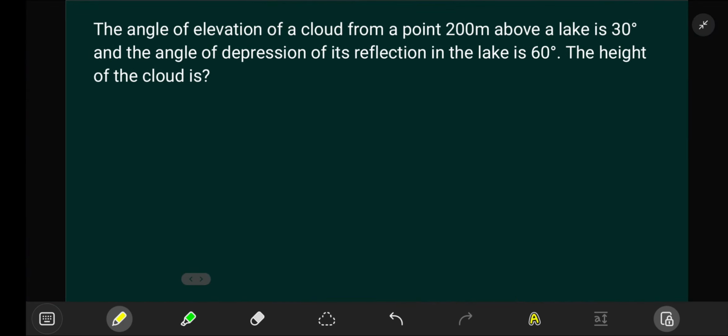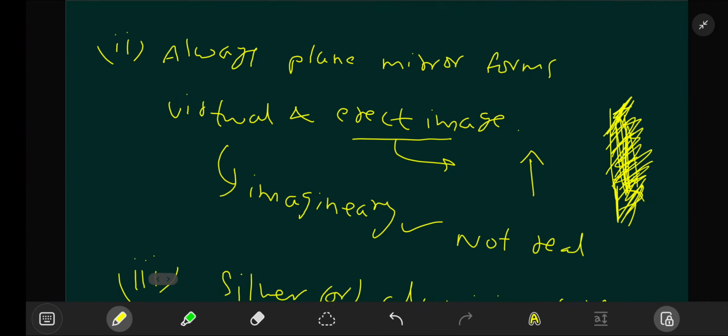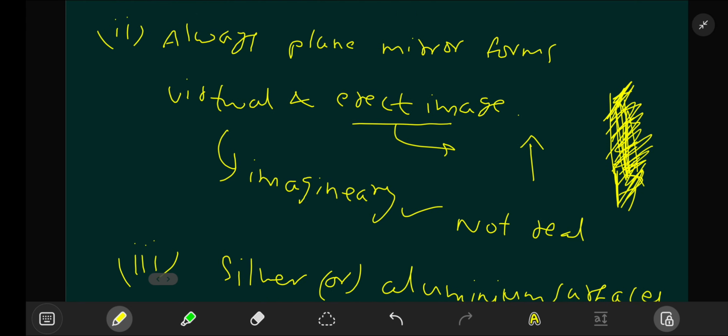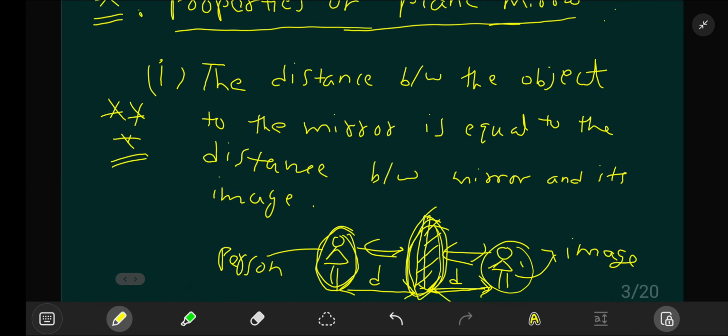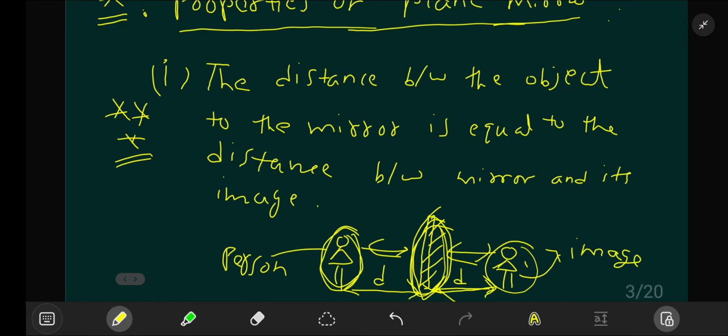Now let's come to our height and distance chapter. Here I said when an image is formed in the plane mirror, the distance between mirror and image is equal to the distance between object and mirror.